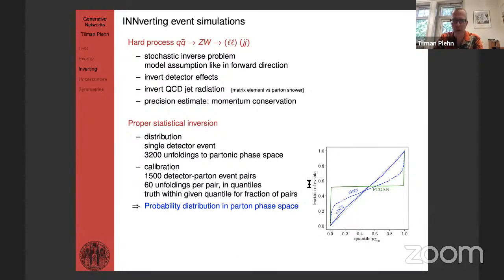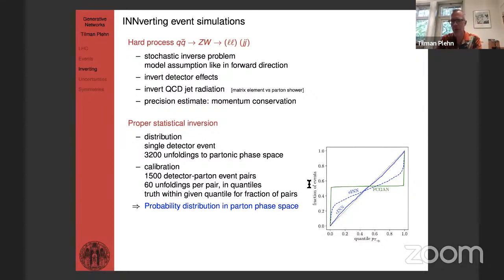So now for a calibration, I can choose a certain number, 1500 detector parton level event pairs, and then I do the unfolding 60 times. For each detector level event, I get a distribution, and then I can check in terms of quantiles how often my correct parton level event sits in the different quantiles of my detector level inverted events.